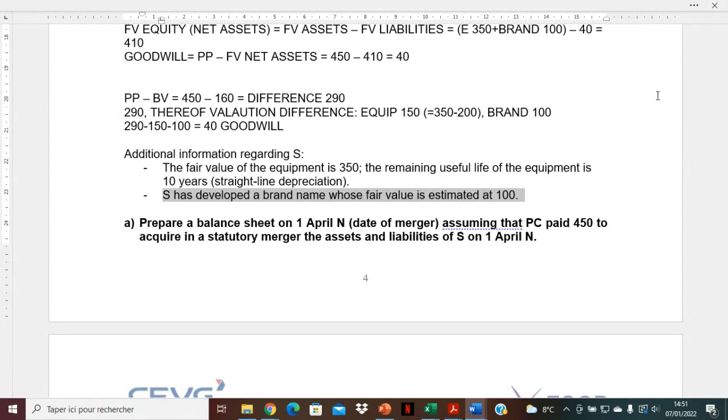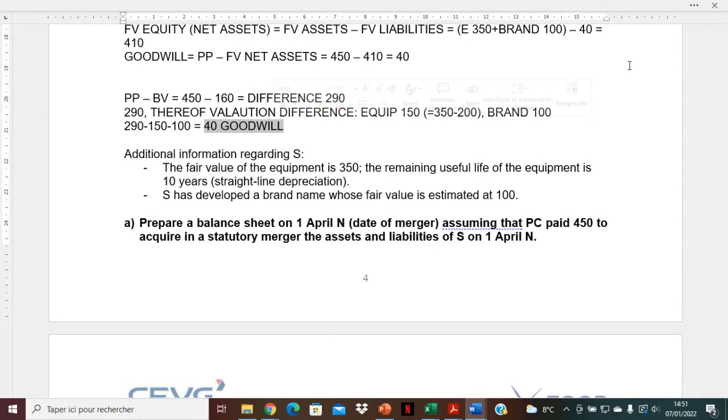In this exercise, we have no information that there is an impairment for the brand name, so I consider the brand value has not changed and is still 40. We also need to do an impairment test on goodwill. We calculated an original goodwill of 40 at the date of acquisition. We have no information that there is an impairment of goodwill, therefore I assume that the goodwill value has not changed.